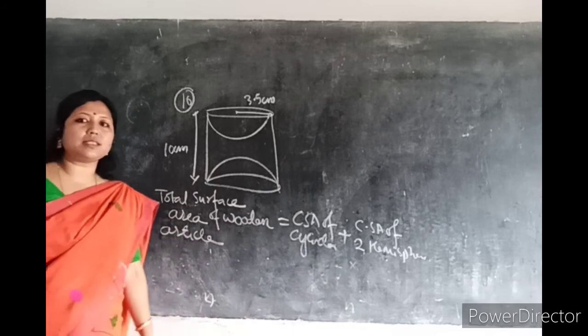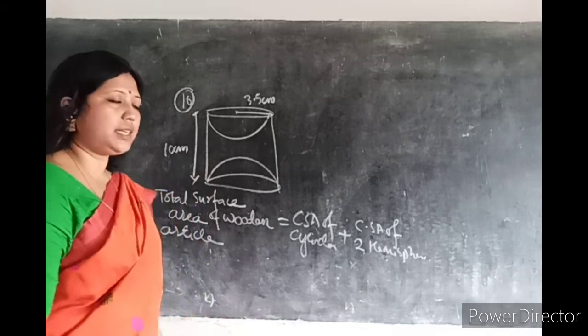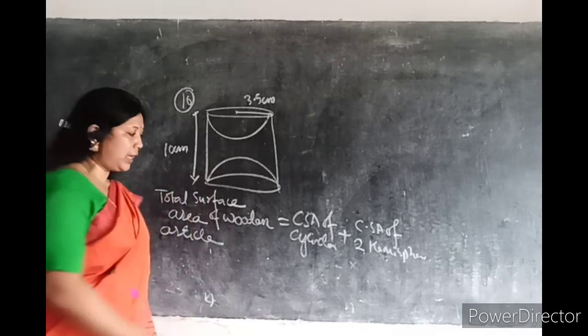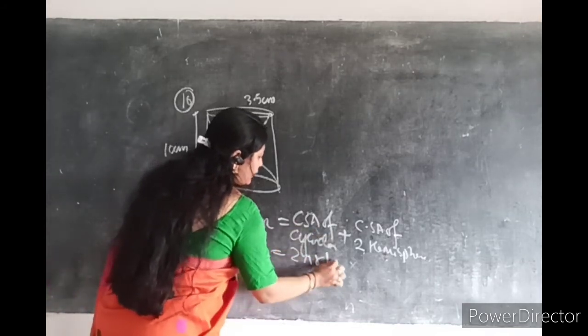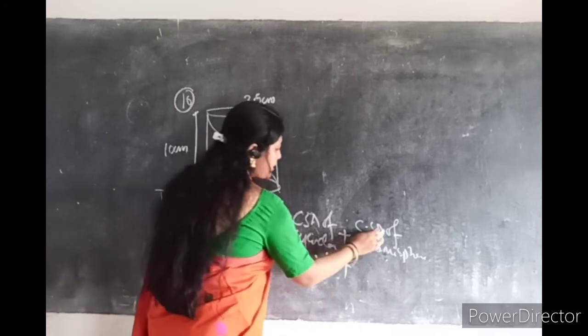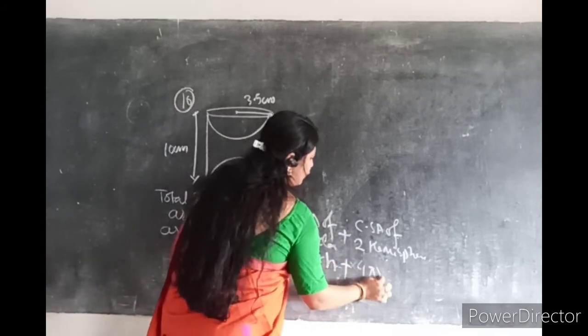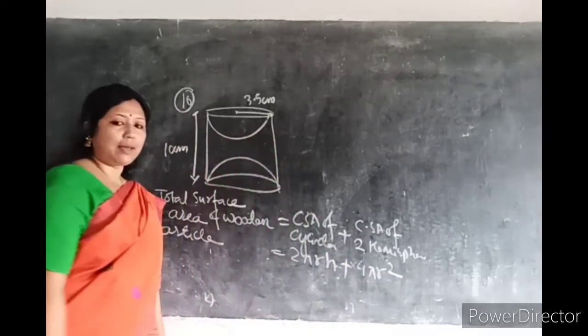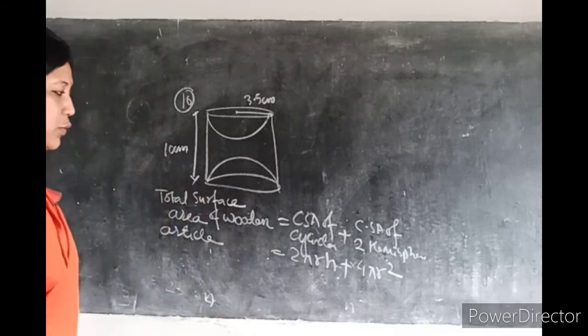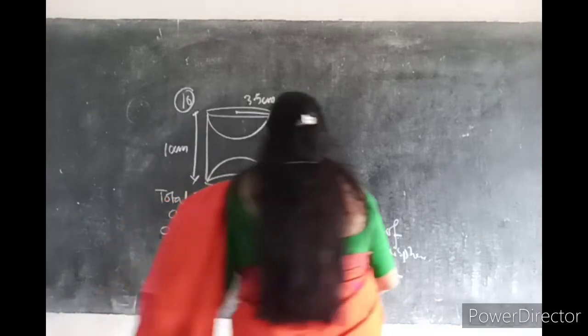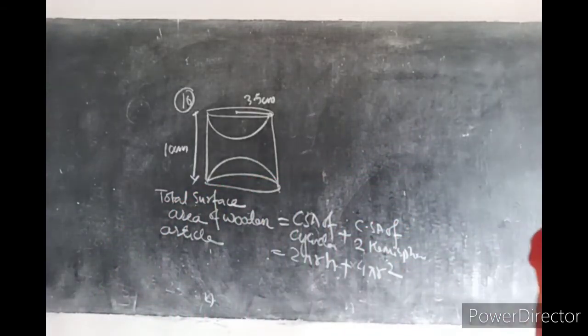So all the information that is given in your question, you have to write it down as the given part. So here the curved surface area is 2 pi r h plus, since there are two hemispheres, I can write directly 4 pi r square, as one hemisphere is given by 2 pi r square.